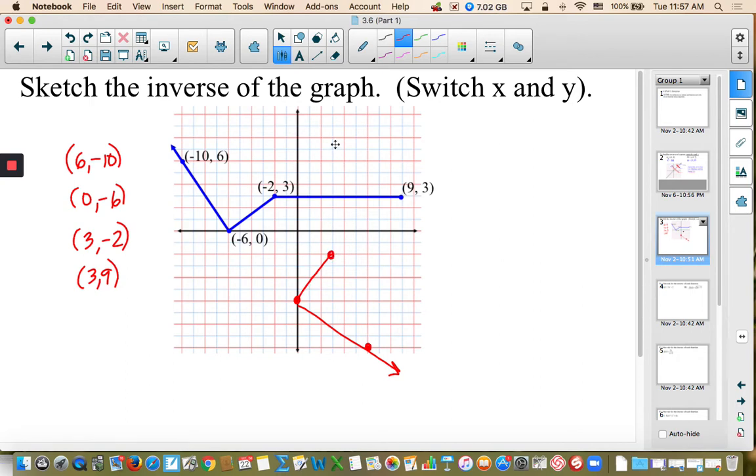And then 3, 9 is going to be up here, and I will connect that one. I'm a little bit off on my drawing, but that's pretty close to what the inverse would look like. If I want to check and see if it looks right, I can always just sketch in that line, y equals x, and look to see, does that look like it's a reflection over that line? And yes, it does. So that's how you sketch an inverse.